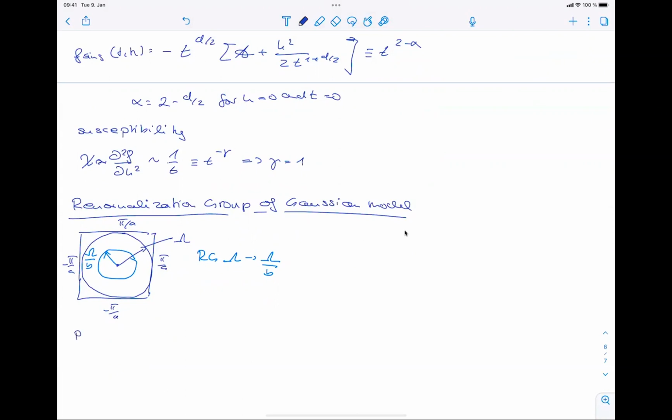So as I said, the idea is to perform RG on the Fourier modes, using this approximated zone with the hypersphere.